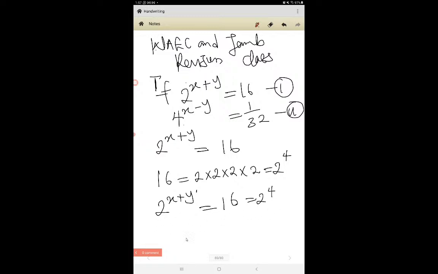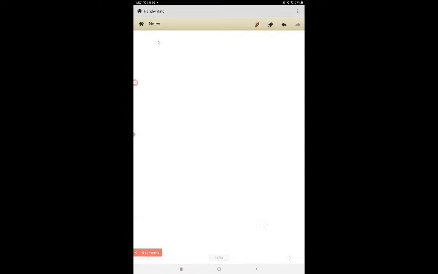Now, there is a law in indices. In the laws of indices, we call it indicial equation, which lets us know that if a raised to power m is equal to a raised to power n, it means that m is equal to n.